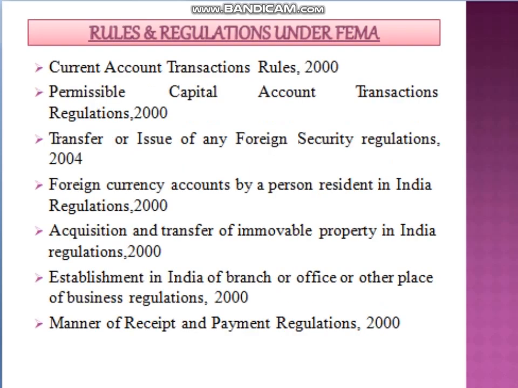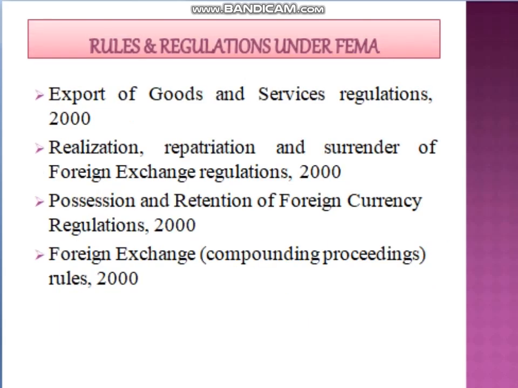Let us see some regulations that come under FEMA. Current Account Transactions Rules 2000, Permissible Capital Account Transaction Regulations 2000, Transfer or Issue of any Foreign Security Regulations 2000, Foreign Exchange Account by a Person Resident in India Regulations 2000, Acquisition and Transfer of Immovable Property in India Regulations 2000, Establishment in India of Branch or Office or Other Place of Business Regulations 2000, Manner of Receipt and Payment Regulations 2000, Export of Goods and Services Regulations 2000, Realization, Repatriation and Surrender of Foreign Exchange Regulations 2000, Possession and Retention of Foreign Currency Regulations 2000, Foreign Exchange (Compounding Proceedings) Rules 2000.